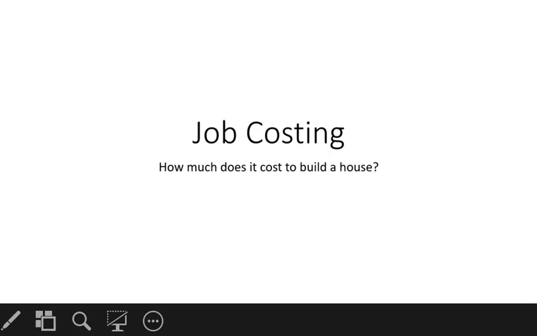All of those pieces. And remember that we learned that when we get our materials, we put them in raw materials. Then when we utilize them, we put them in work in process. And then when we're finished working on our product, it goes to finished goods. And then when we sell it, it goes to cost of goods sold.